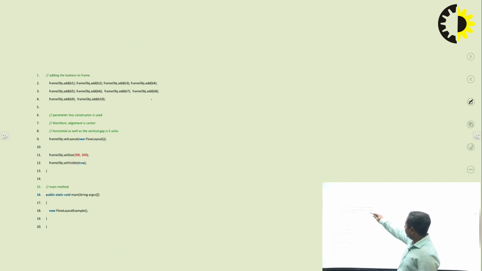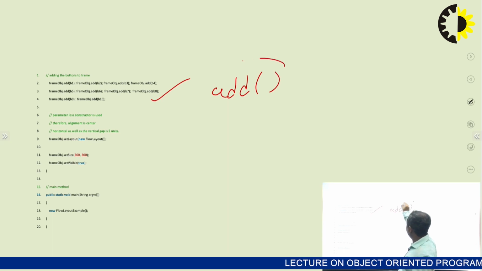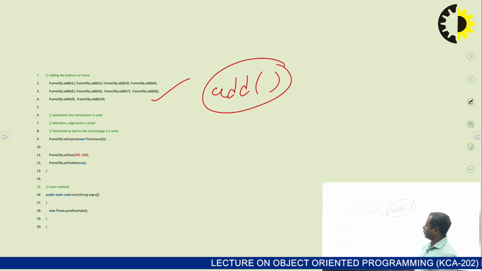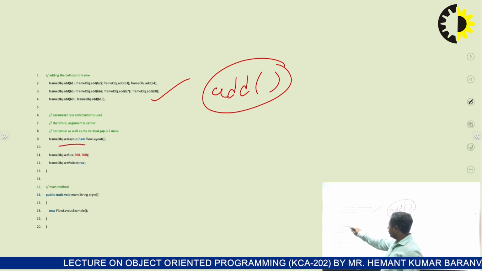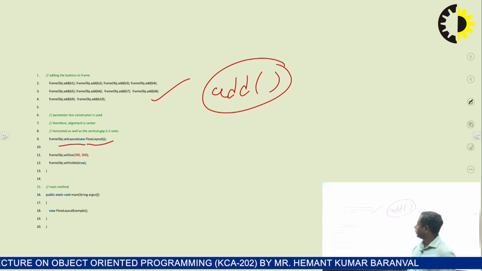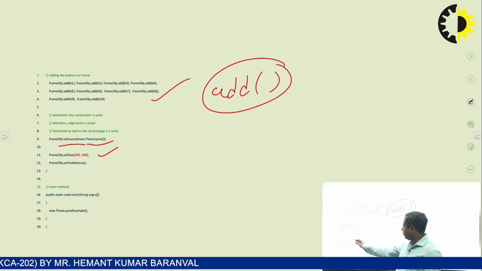We will add these buttons to the frame using the add function, and here we will call set layout with the constructor of the flow layout class, and we will set the size of the frame and set frame visible equal to true.